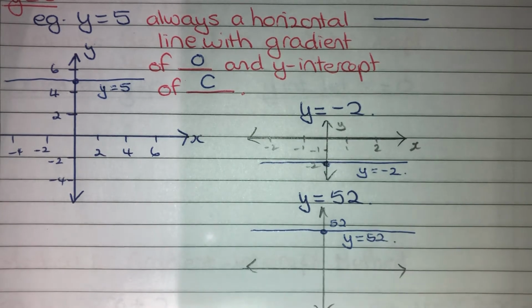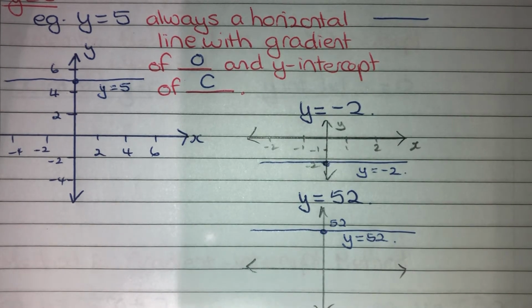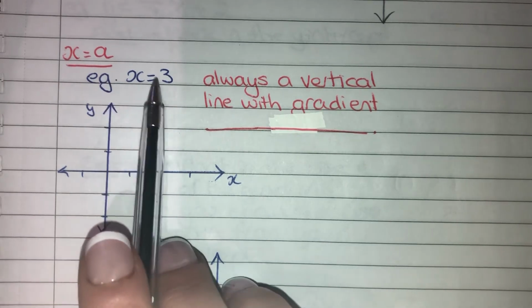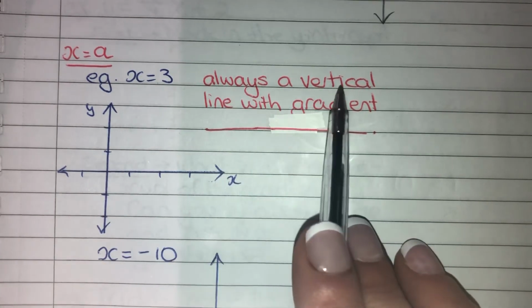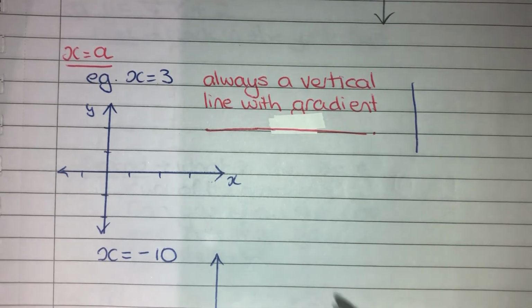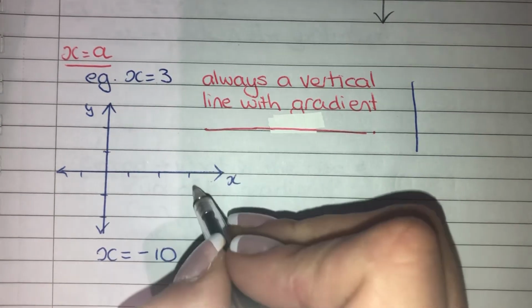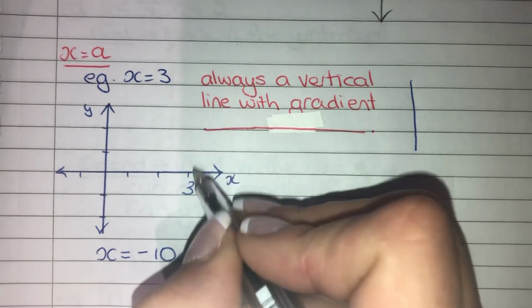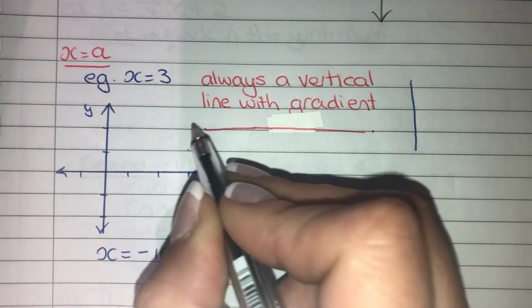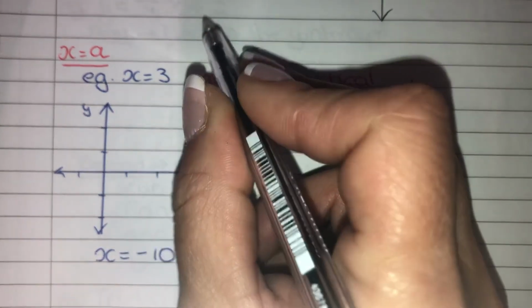Okay. Now what about if it says x equals? So we have x equals just a number. It's always a vertical line. So it's always up and down. Because anywhere on x equals 3, if I show you there's a 3, this would be the point 3, 0. This would be 3, 1, 3, 2, 3, 1 million up here.